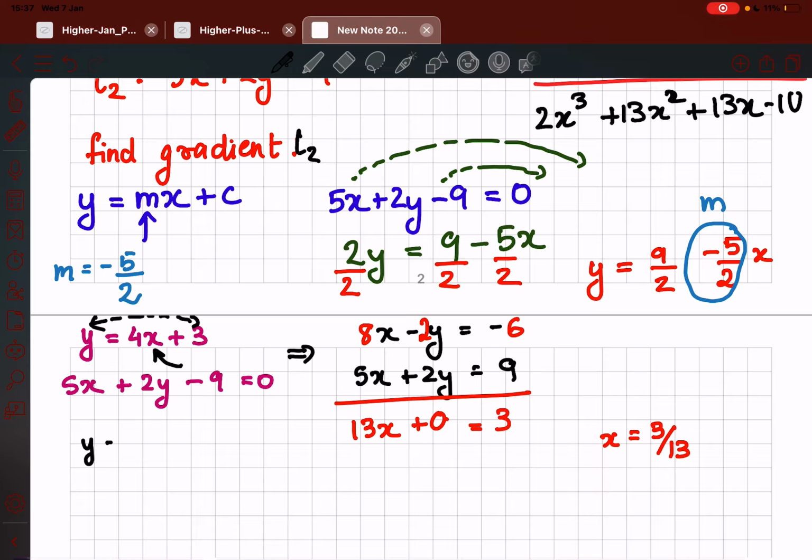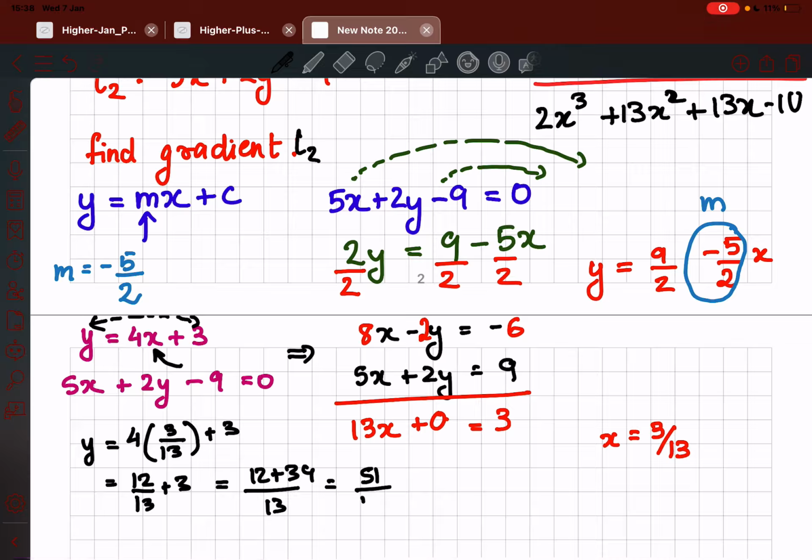So y would be equal to 4 lots of 3 over 13 plus 3, which is 12 over 13 plus 3, and that would be 12 plus 39 over 13, which is 51 over 13.